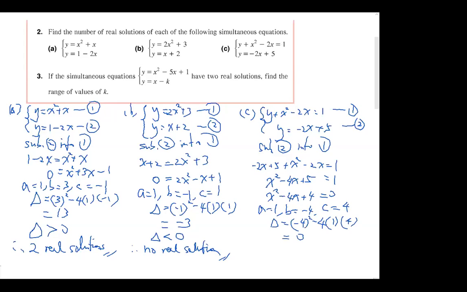Case 2 means there is only one real solution. That is the answer. Is that okay? Any problems for question number 2? If no, then I'm going to clear the board.